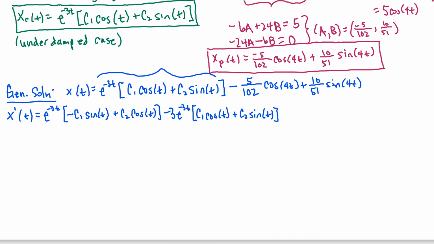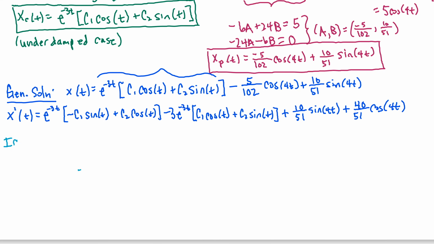Next, we're going to differentiate term by term here. The derivative of cosine is negative sine, so multiplying this by 4, we'll get 10 over 51 sine of 4t. Derivative of sine of 4t is 4 cosine of 4t, so we end up with 40 over 51 cosine of 4t.